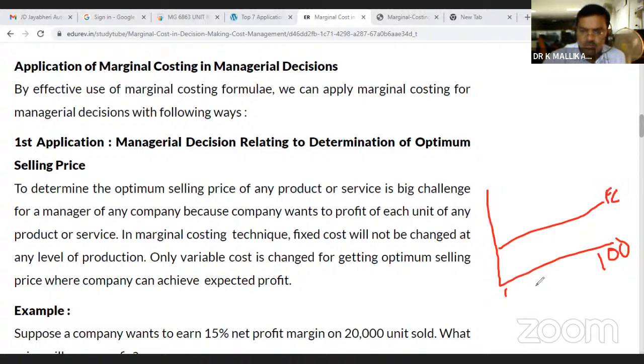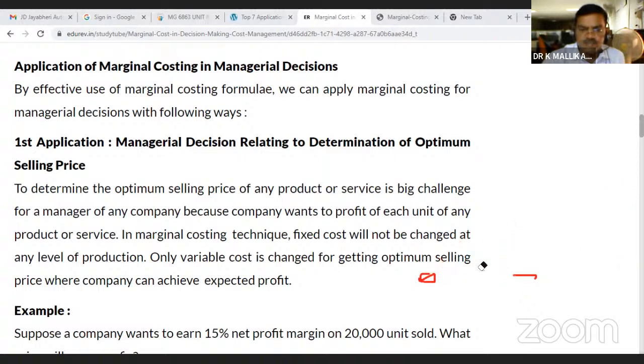So here we take the selling price, variable cost, and fixed cost. As per marginal costing, the fixed cost remains constant. So let us see one example.